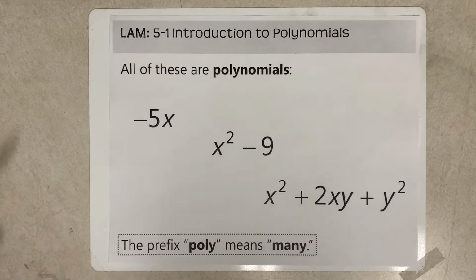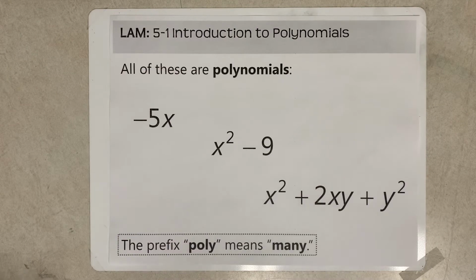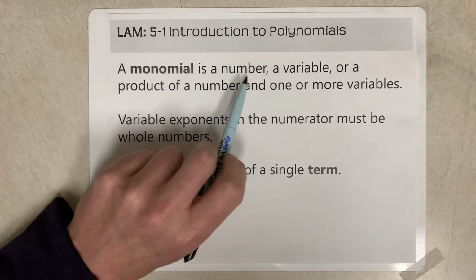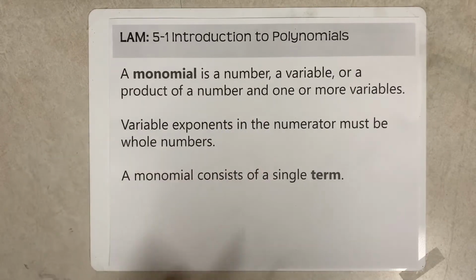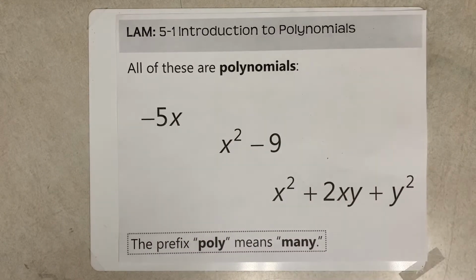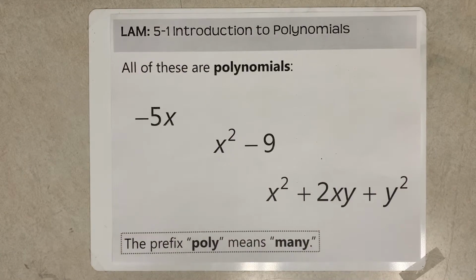And we call those polynomials, just as long as all of these terms are monomials themselves. So to be a polynomial, each of these terms has to qualify as a monomial itself. And it just takes some experience and some practice to be able to determine what's a polynomial and what's not.